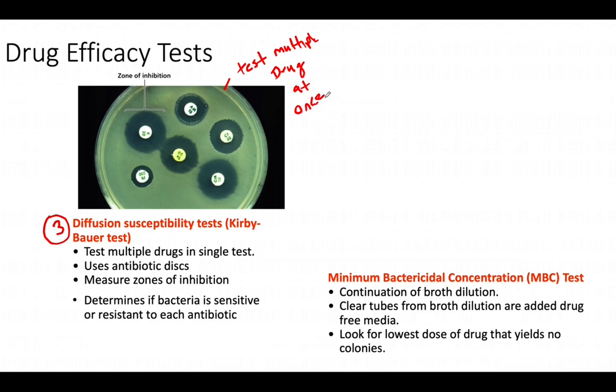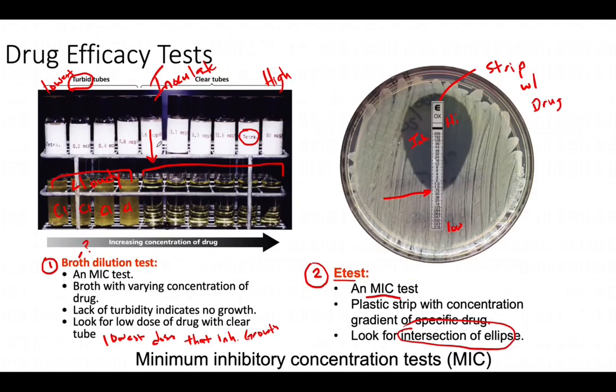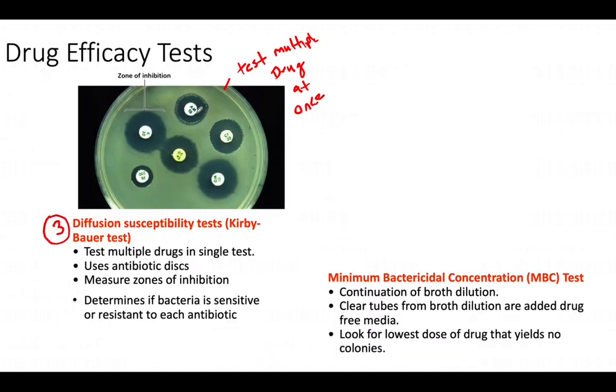And so on the previous, I'm just going to jump back for a little bit. This was just focusing on one drug like tetracycline or oxacillin. And so obviously you could perform this with another test, another series of tubes with a different antibiotic in it. But it's this test, the Kirby-Bauer test, that allows you to, in one single test, actually screen multiple drugs at once.